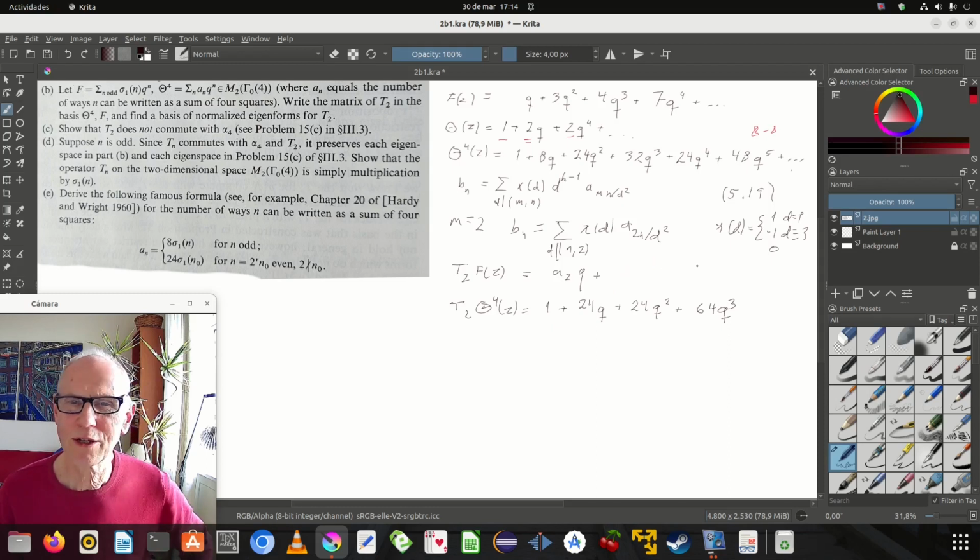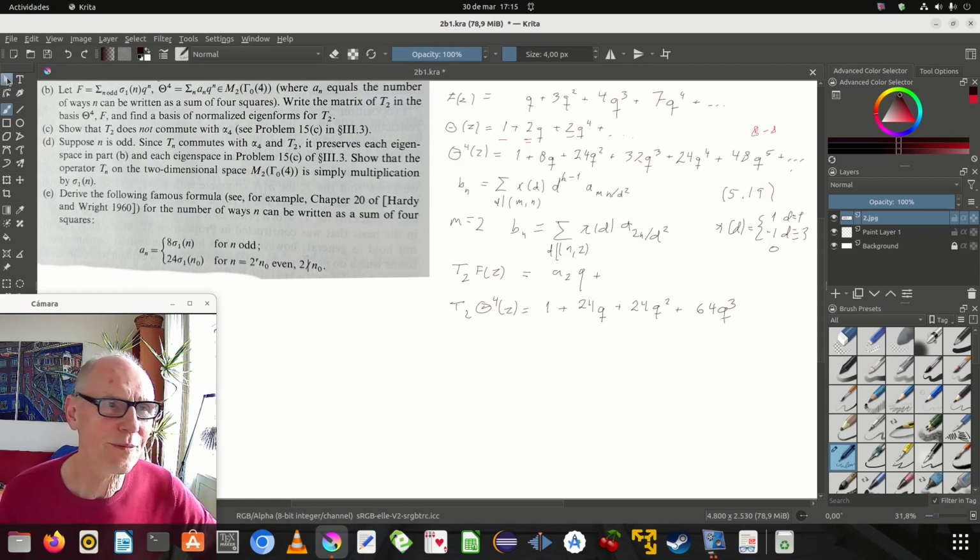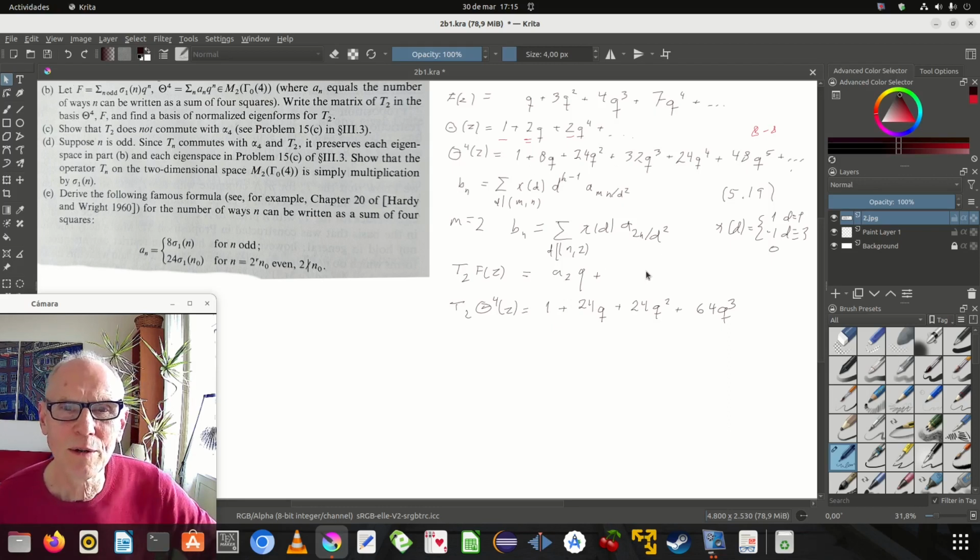I think we get no more, but that's impossible, because this should be linear. We should be able to express this linearly in these guys. And when there's no constant term, then it should be a factor times this.